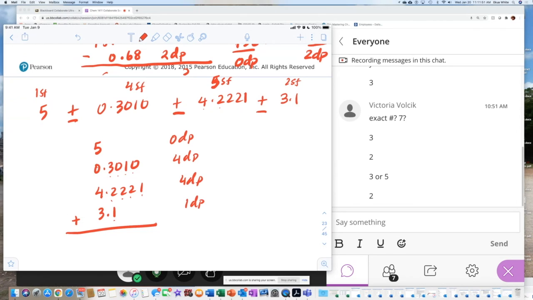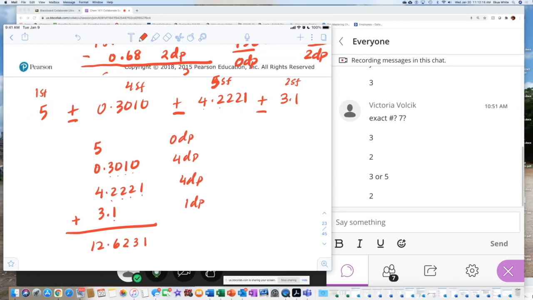Okay, where was I? Now I add these on my calculator. 5 plus 0.3010 plus 4.2221 plus 3.1. Okay, so I have 12.6231, right?